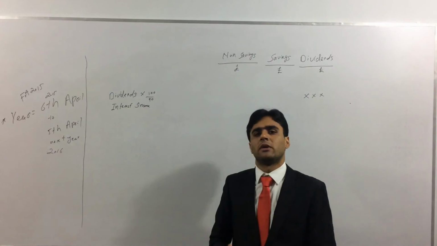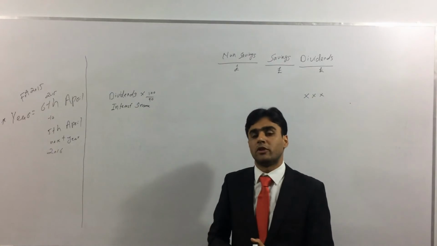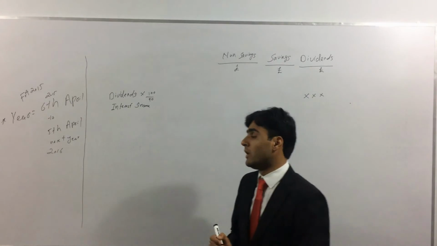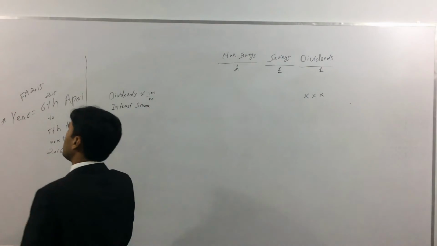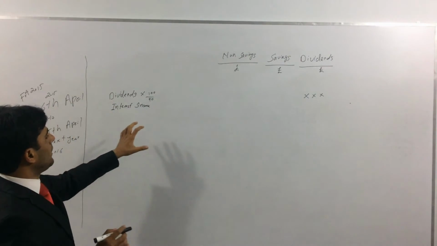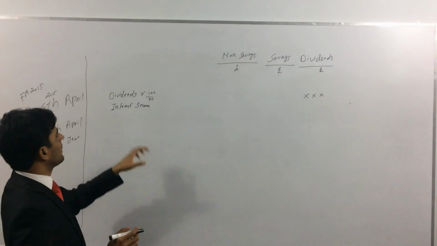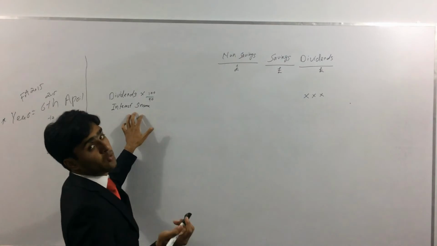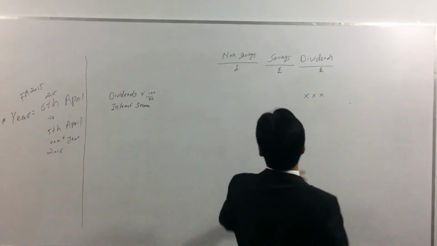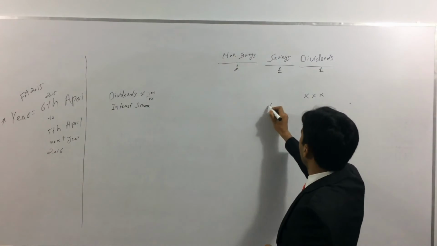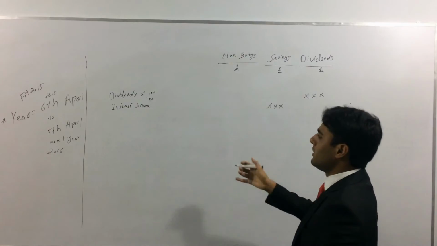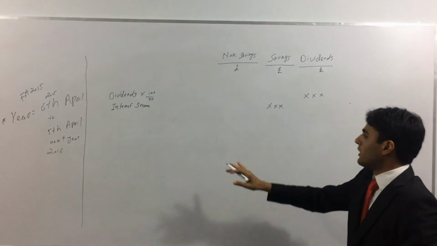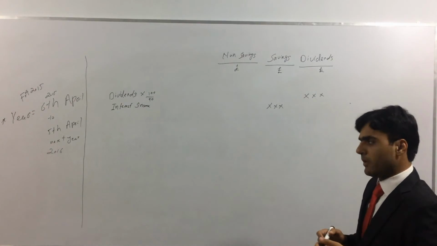Savings always go into the bank to earn some interest. So the savings which I put into the bank have earned some interest income. So interest income has come through savings, so it will go into the savings, because these were savings that I put into the bank. So that's why interest income will go there.